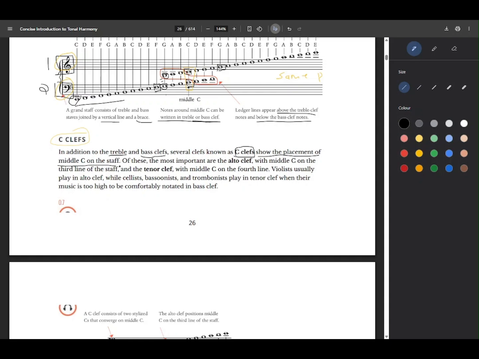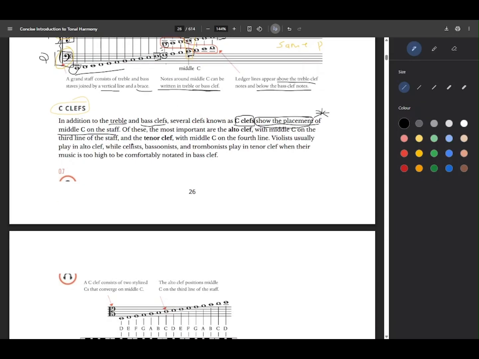This is the most important thing to put a star next to. They show the placement of middle C. There's no guessing, it tells you. Of these, the most important are the alto clef with middle C on the third line and the tenor clef with middle C on the fourth line.